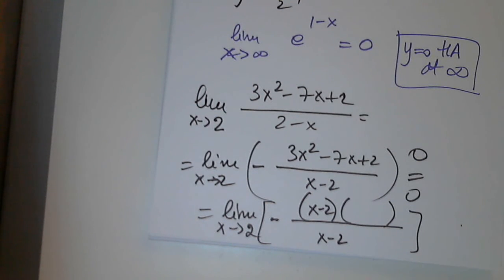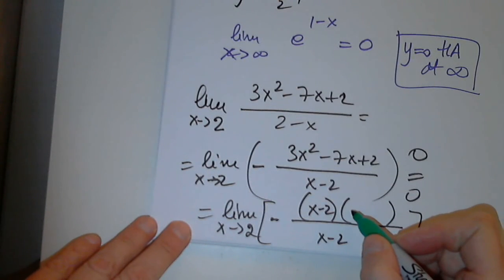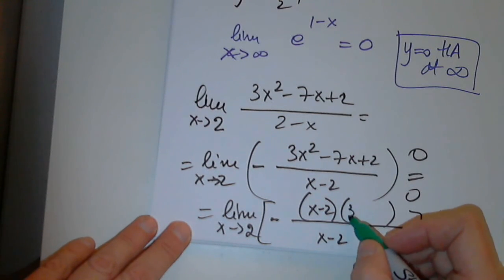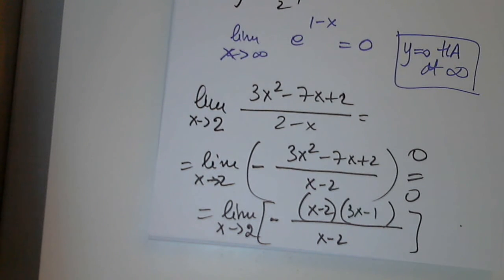And what could you say about the second factor? What is the second factor? Very good, let's check. Very easy to check. So 3x squared minus 6x minus 1 times 7 and plus 2.